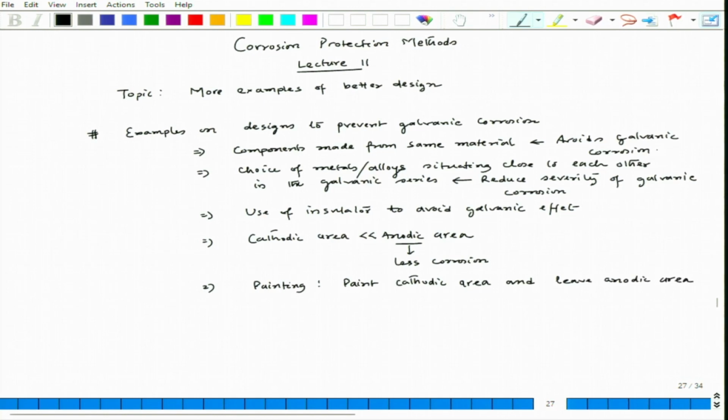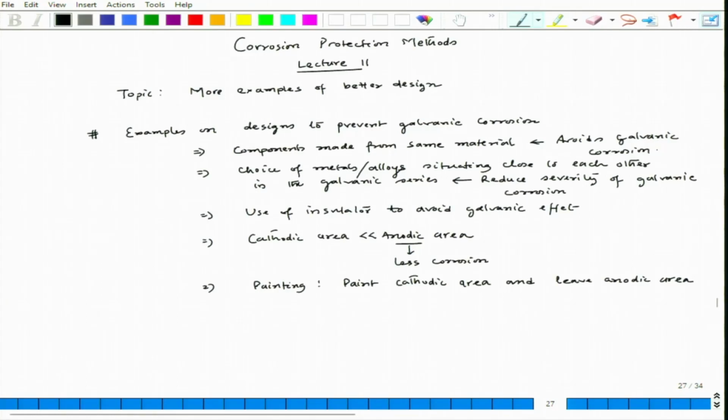If painting is possible, cover everything, and if it is not possible, then at least paint the cathodic area and you can leave the anodic area. Still, that will lead to less corrosion of the anodic area, and we can have a good amount of corrosion protection. So these points are to be remembered when we try to prevent galvanic corrosion. Let us have some examples.